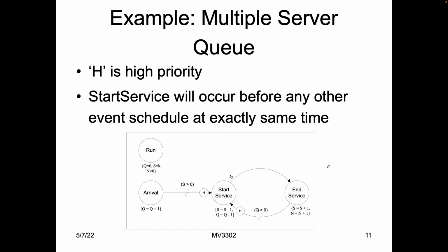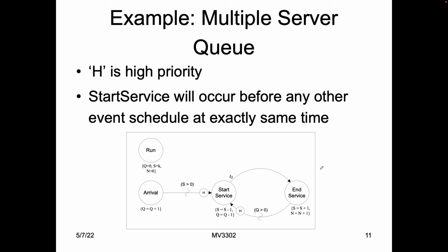But just in case, the final thing is to say that the start service event, in this particular case, is scheduled with a higher priority than either arrival or the end service event.